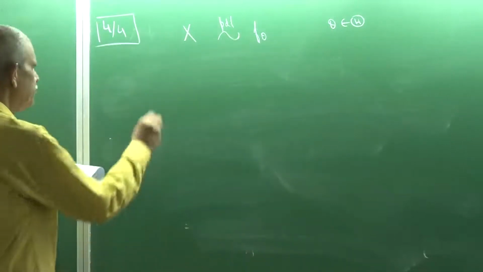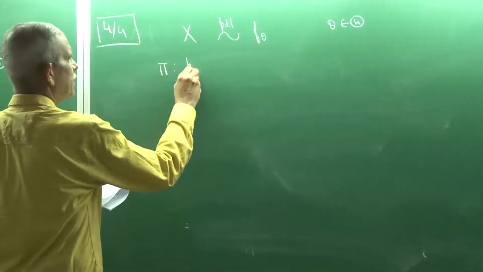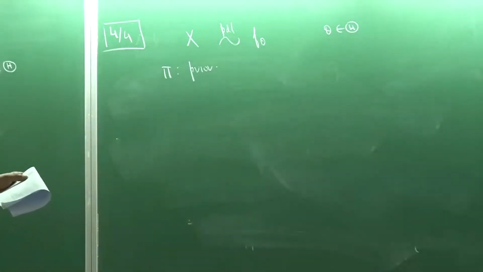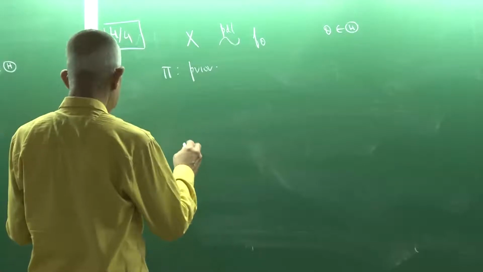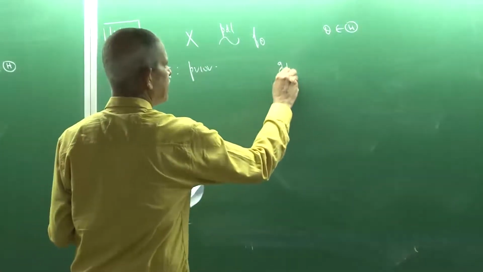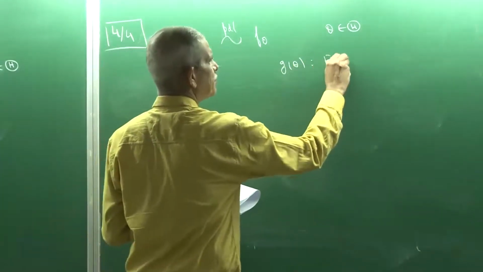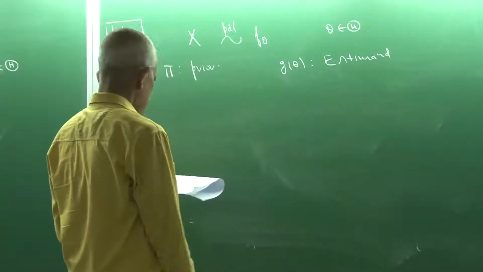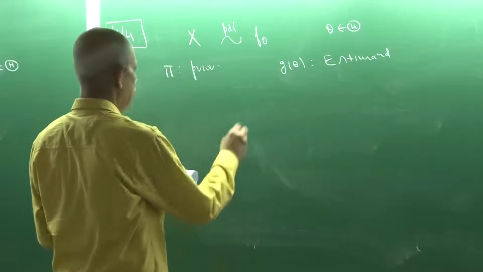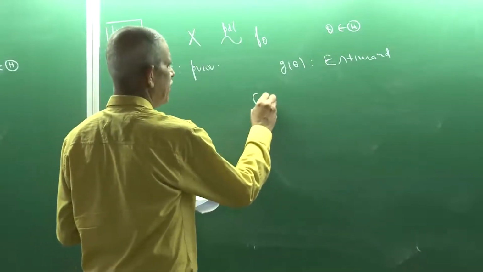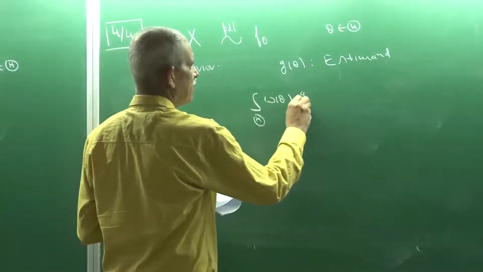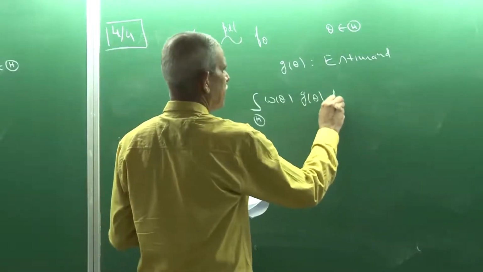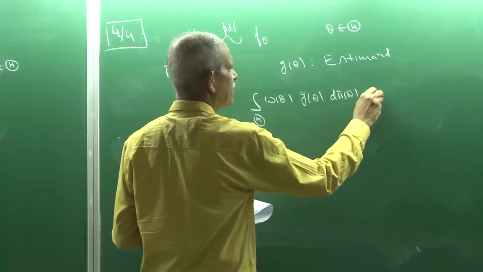Pi be a prior distribution. For a real valued function g theta, so g theta is the estimate, and w theta is a weight, so what you are assuming is the integral over theta of w theta g theta d pi theta is finite.